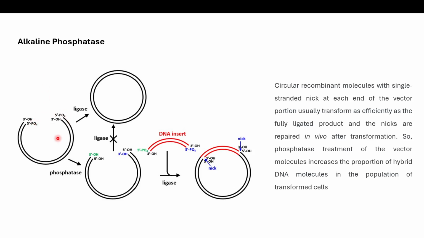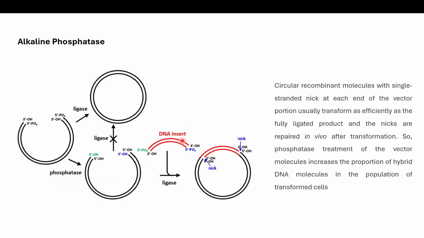So what people usually do is remove the terminal phosphate groups, and then the 3' OH ends can't join together to form a continuous DNA strand. Here, phosphatase removes the 5' phosphates, leaving 5' OH on both ends. The terminal phosphate groups have been removed by the phosphatase enzyme.